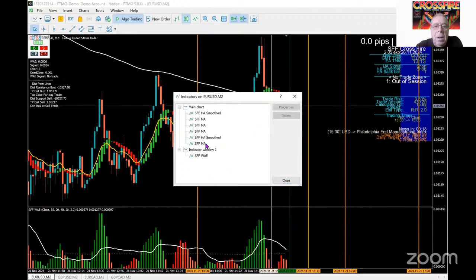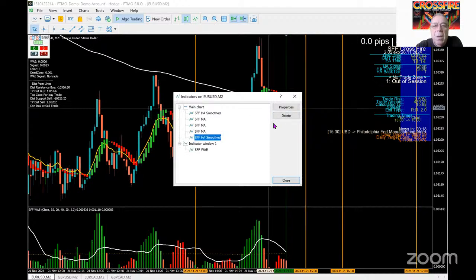Yeah, of course I will. I'll just delete these, and then there we go. So the reason that I do that is that where you've got duplicate indicators in this panel here, you're only seeing one of each indicator, but your computer is actually calculating twice, and it will slow down everything.